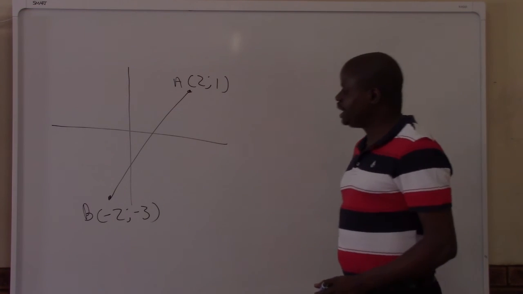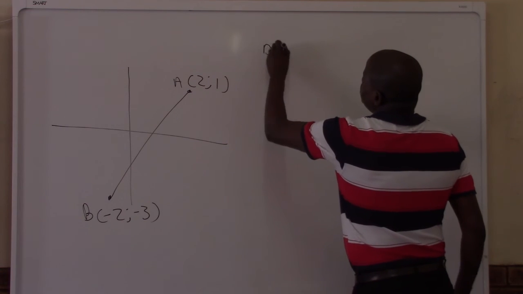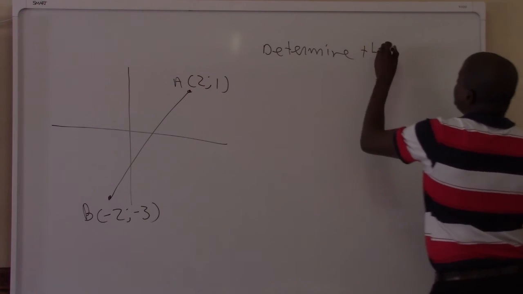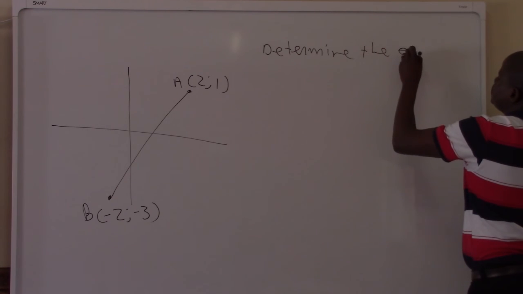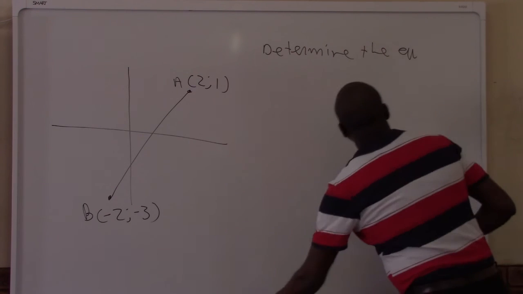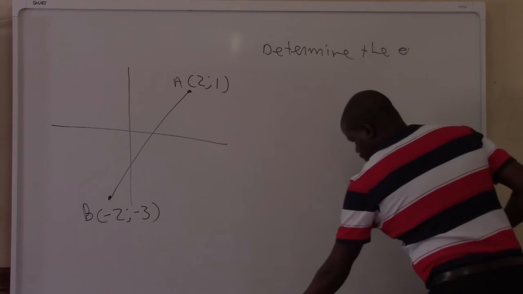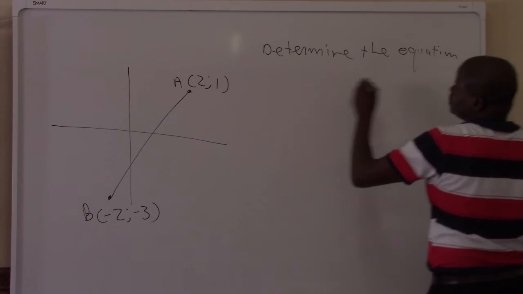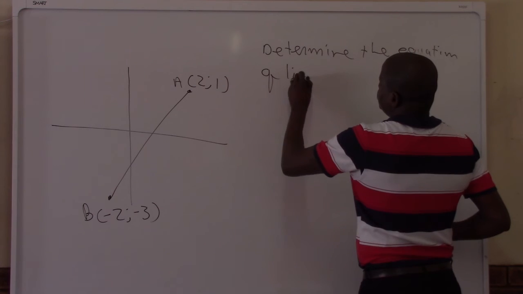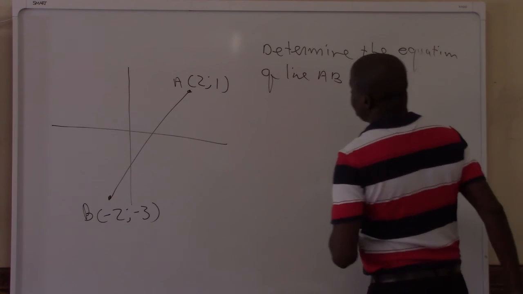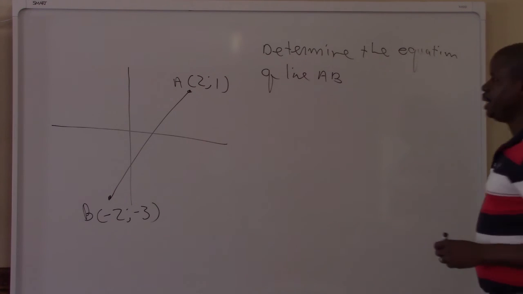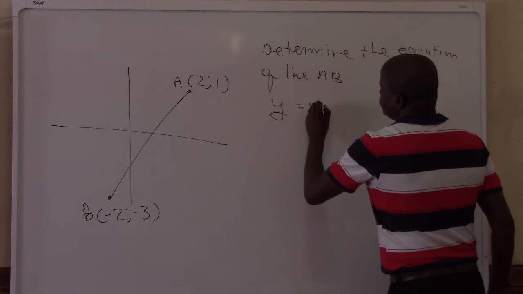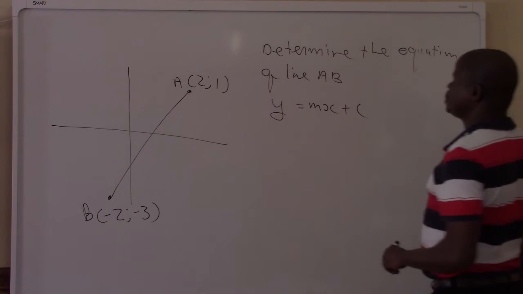So when they say determine the equation of line AB, normally we have y equals mx plus c.